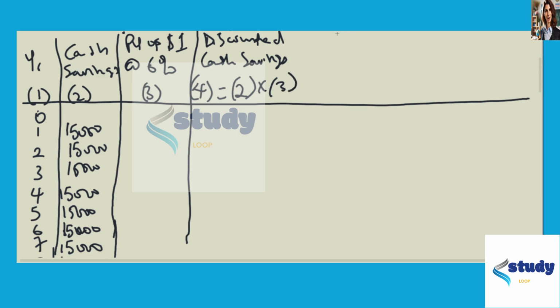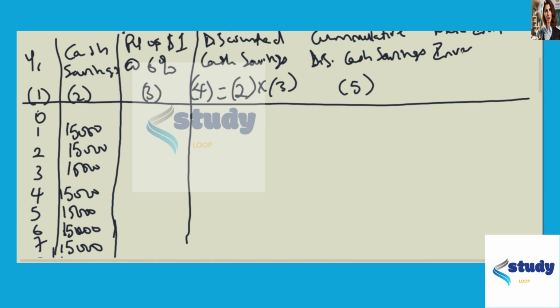And then we have the cumulative discounted cash savings, and then we have the net initial investment uncovered at the end of the year.